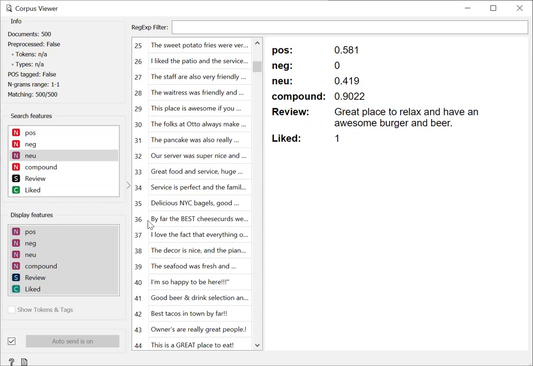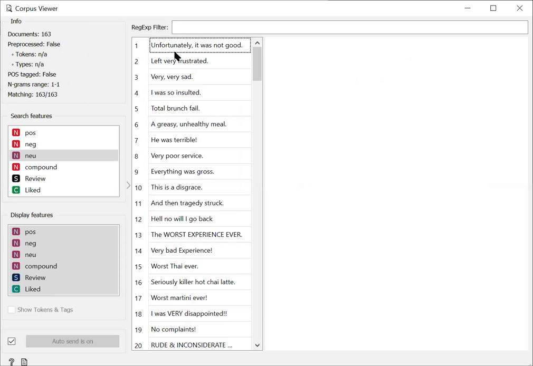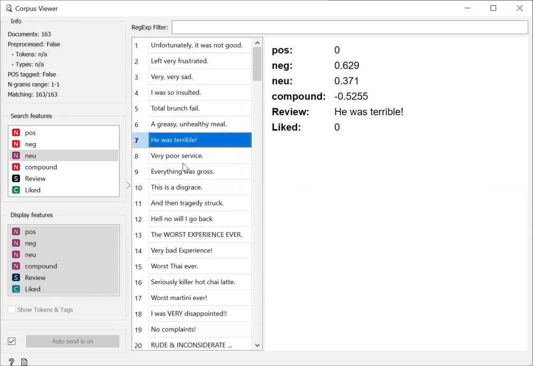So now let me choose another. Okay, so in here, the dominant color was blue, which means negative. So let me open the corpus viewer. He was terrible, very poor service.